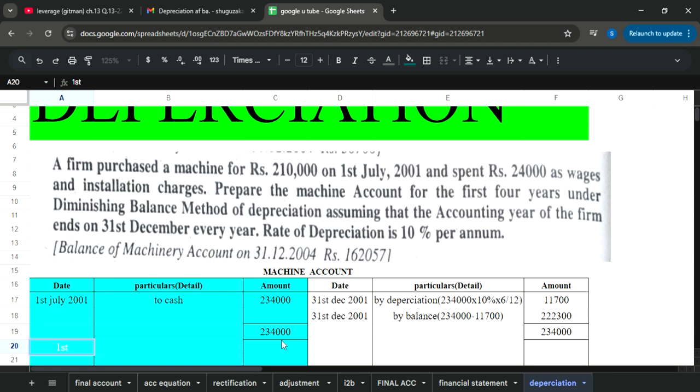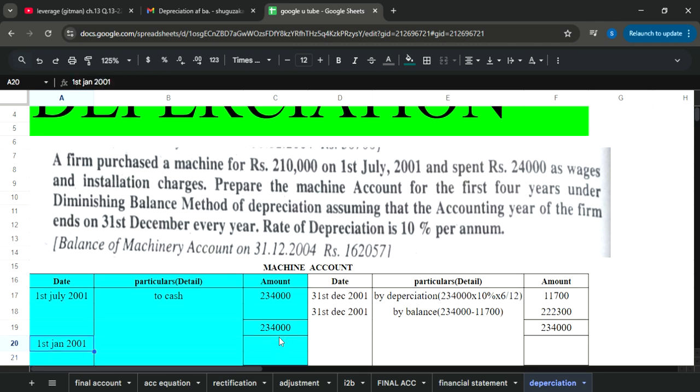Next year would be started at 1st January 2002. 1st January. We don't have much space, so let's make it 1st Jan. In this step, what you will do, this was your balance at the end of first year. You will bring this balance downward.